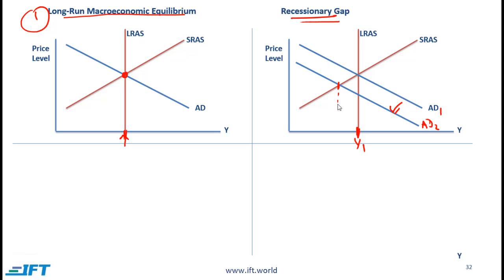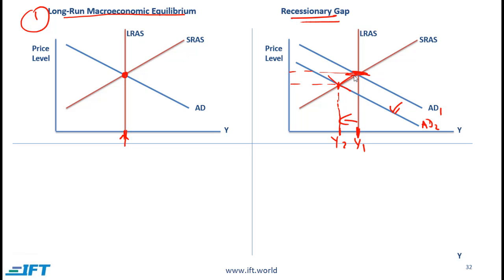So the short-run equilibrium, which is given by the intersection of the aggregate demand and the short-run aggregate supply curves, is now at this point over here. The price level has come down relative to where it was before, but the output has also come down.